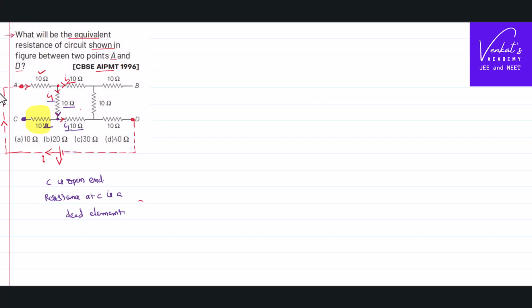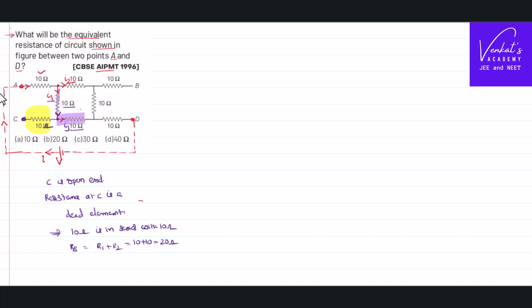When the current is the same, that means they are both in series. That implies 10 ohms is in series with 10 ohms. So, R series can be written, we know the formula, R1 plus R2, that is 10 plus 10, that is 20 ohms. That is what we are talking about for this part of the circuit.